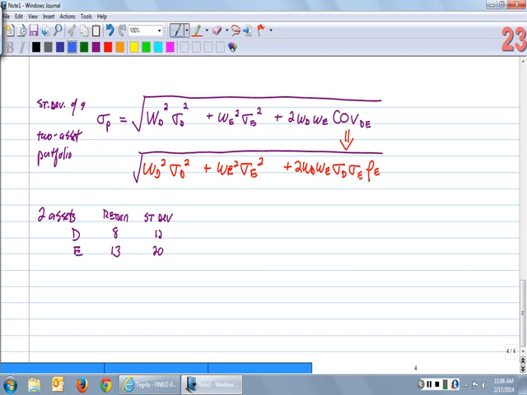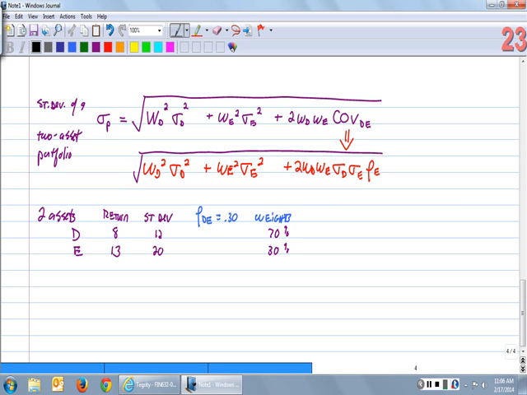And they give us initially here, or what I'm going to assume here, is that the correlation between these two assets is positive 0.3. I want you to also assume these weights initially, because we've got to know what we're putting in each asset. So let's put 70% of our money in asset D and 30% of our money in asset E. So those are my weights.